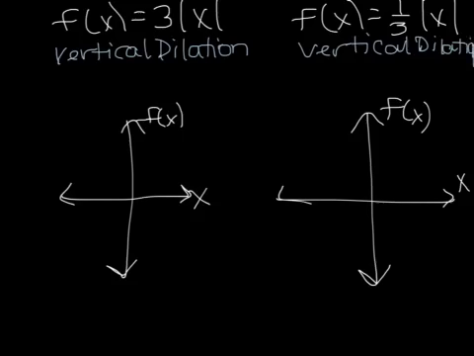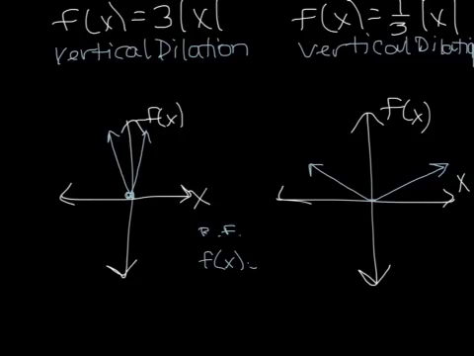However, the bigger the absolute value of the number is, so whatever this number is, the greater its distance from 0, the narrower the graph is going to be. So this is still starting at the origin, but it's much narrower than this graph, which is wider than the original parent function.